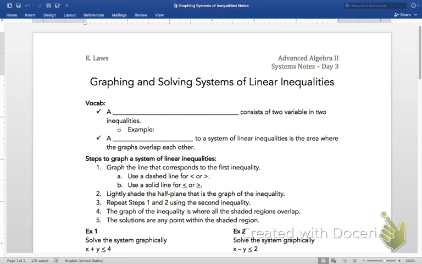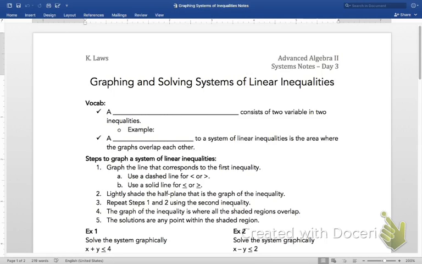Yeah. Perfect. So, graphing and solving system of linear inequalities. This really isn't a whole lot different than solving a system of linear equalities. The biggest thing is here there is going to be shading, and then there are going to be either a solid or a dashed line.